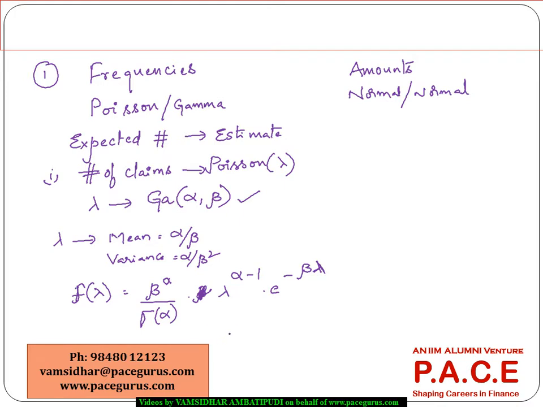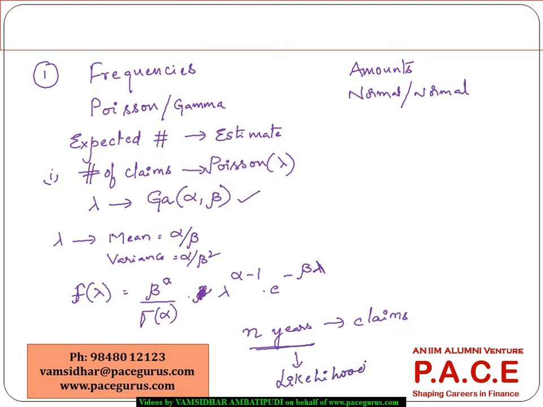And now I am collecting the data. Probably I have collected, let's say, the claims for the last n years. Now these claims are going to give me some information regarding the likelihood.